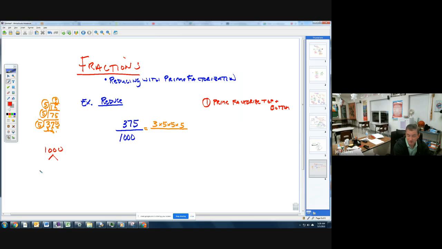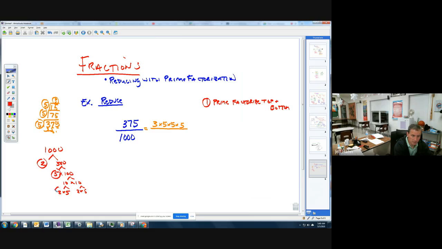Let's just for fun do this another way. One way we could start is cut it in half and call it 2 times 500. Can stop with the 2. 500 is 5 times 100. I could stop with the 5. 100 is 10 times 10. Both of those 10s can be broken down to 2 times 5, 2 times 5.